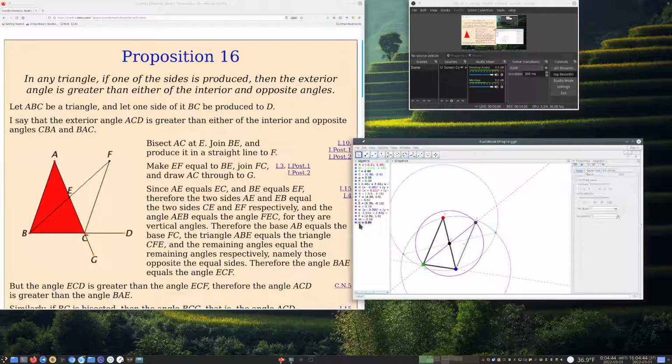Would you stop with giving segments labels? Join FC and draw AC through to G. Okay, so we're going to need the line tool.